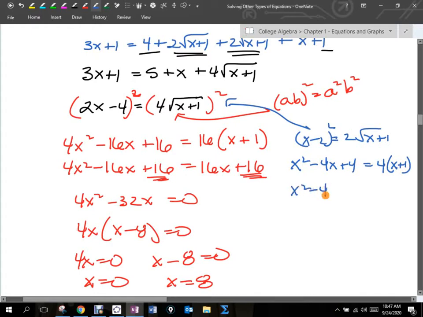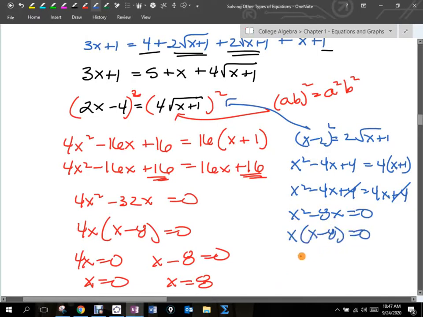So we get x squared minus 4x plus 4 equals 4x plus 4. That 4 and that 4 are going to cancel out, right? And we get x squared minus 8x equals 0. Okay. Does that still factor to x and x minus 8 equals 0? Does x equal 0 and x equal 8 there?